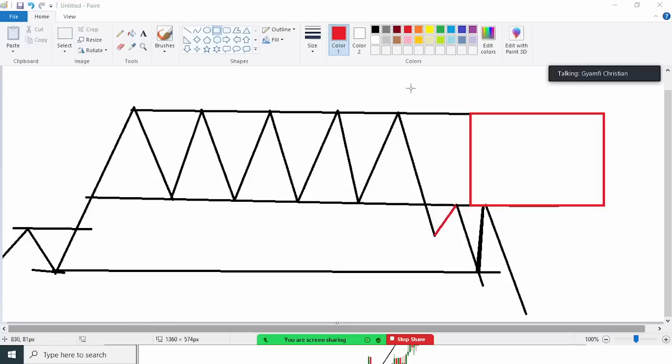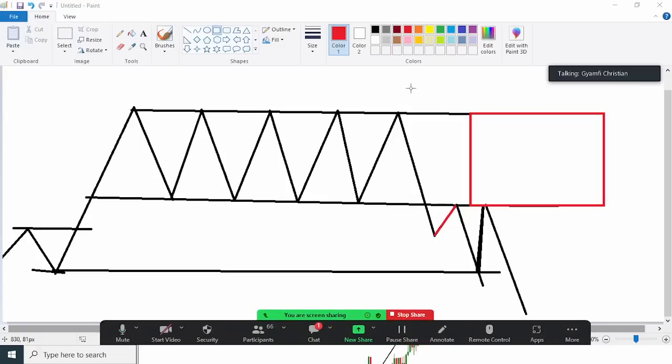That's a great question. If the confirmation candle is bigger than the candle that broke through either your support or your resistance, the only thing you need to make sure of is that it closes below.